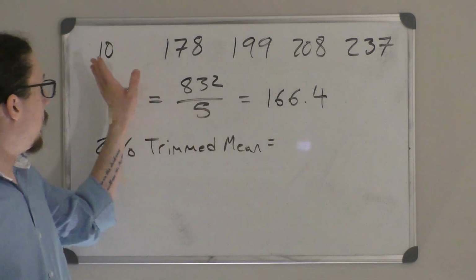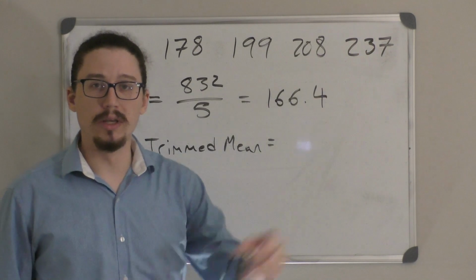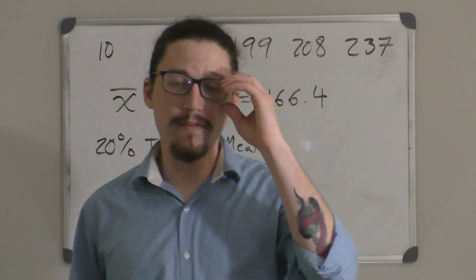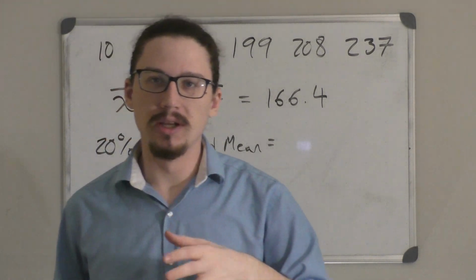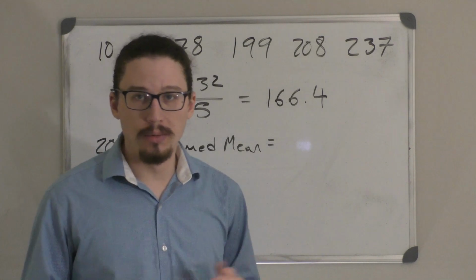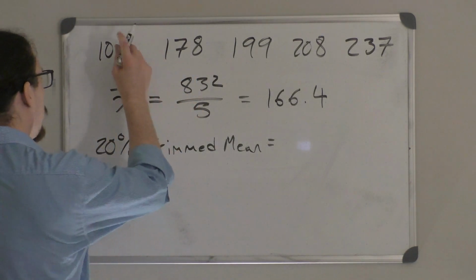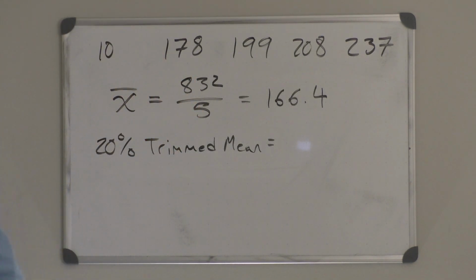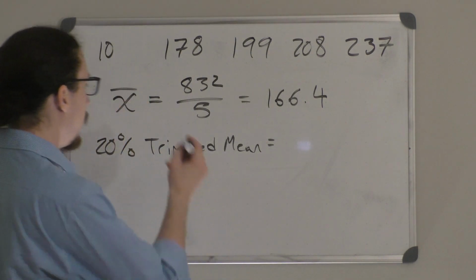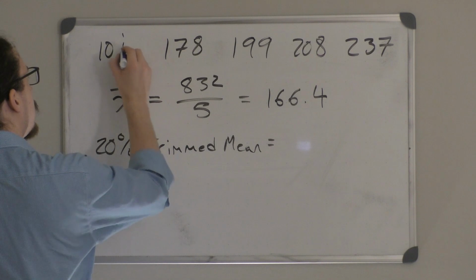Now let's say that we did a 20% trimmed mean. I'm pretty much going to fly through this. If we're doing a 20% trimmed mean, our data is already in order. We need to know how much 20% of our data is. We have 5 observations. 20% of 5 is just going to be 1.